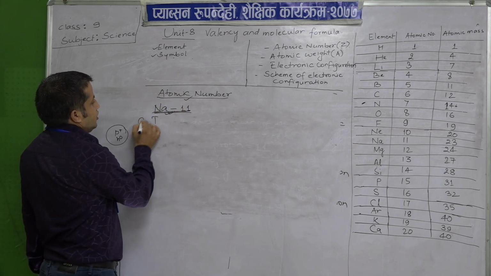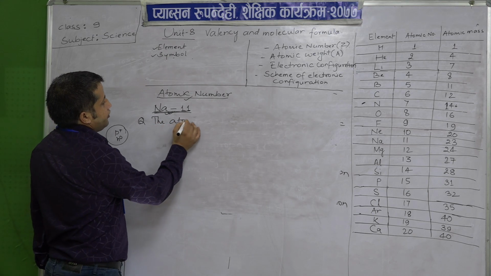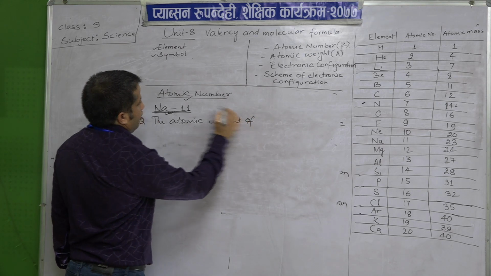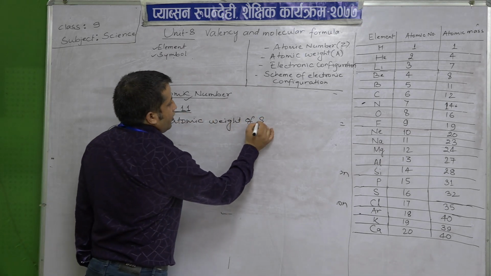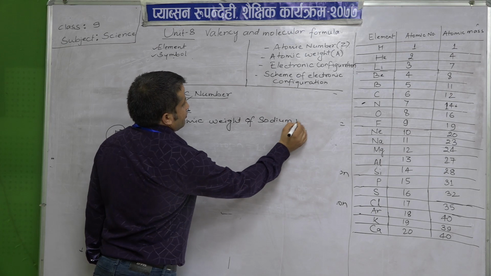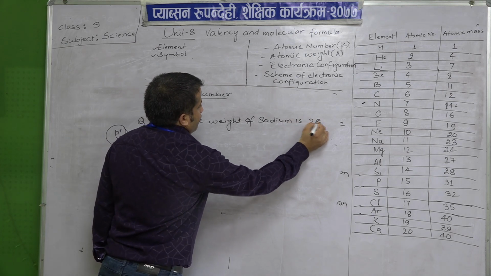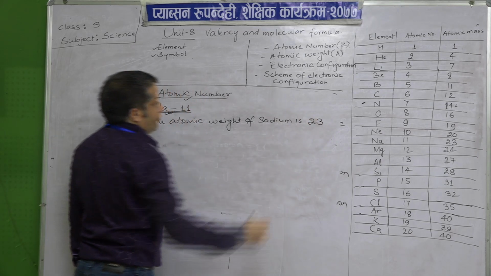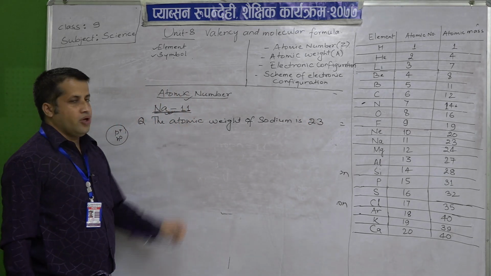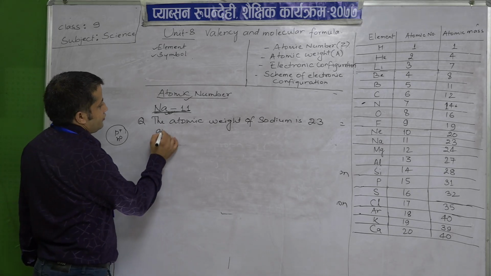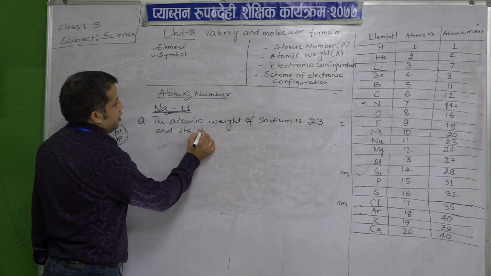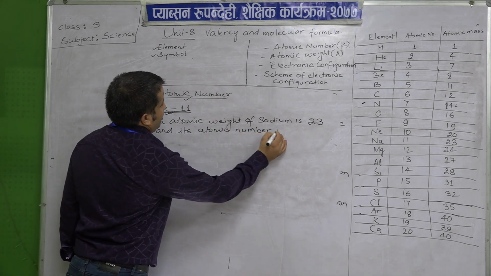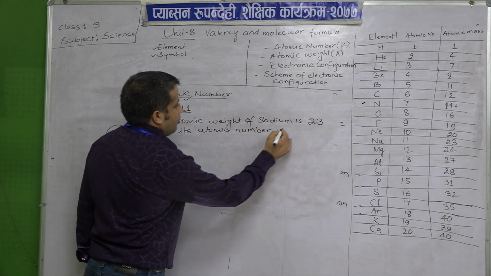The question is: the atomic weight of sodium is 23 and its atomic number is 11.